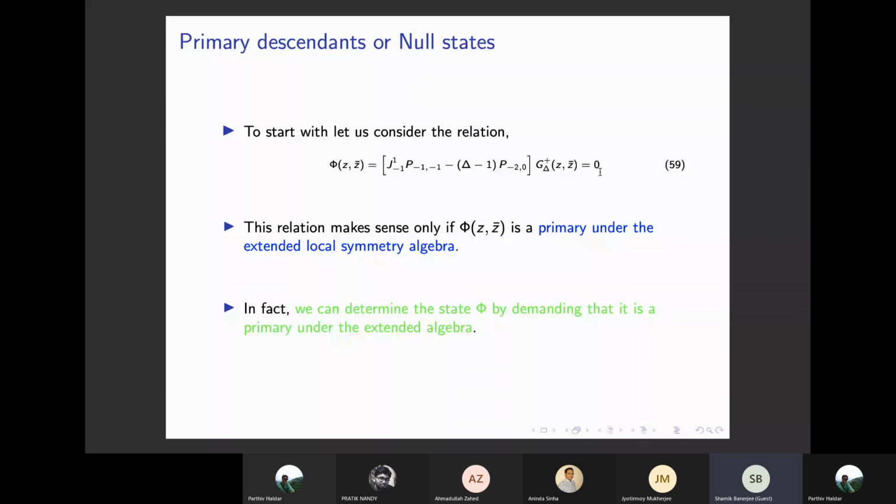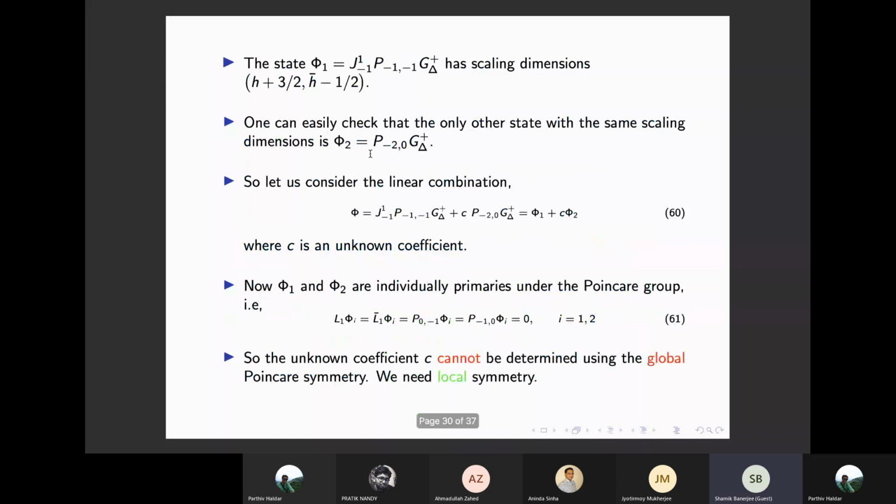Now this relationship makes sense only if this phi zz bar is a primary under the extended local symmetry algebra, which in this case is this SL2C bar and the super translations. Now what we have to show is that this structure of phi is completely fixed by this algebra, and that is actually something one has to check.